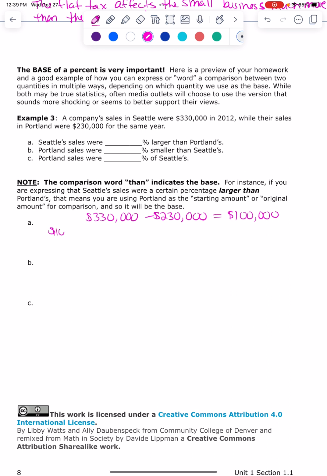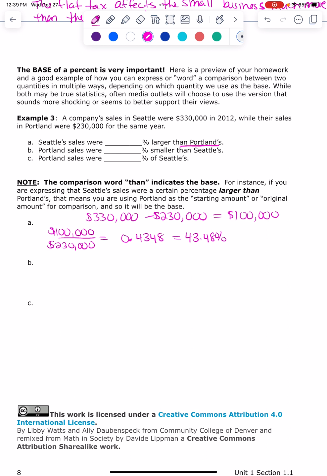So I want to take that $100,000, and it's then Portland, so I want to use Portland sales, which were 230,000. Divide the two numbers, and you get a decimal. I rounded to 4 places, and then turn it into a percent: 43.48%. So Seattle sales were 43.48% larger than Portland's.